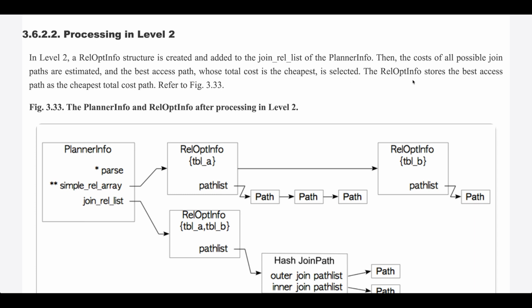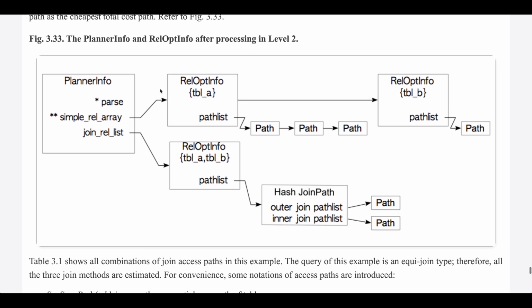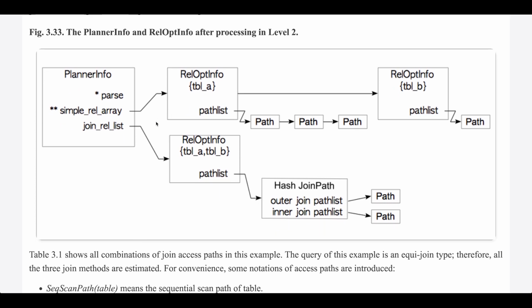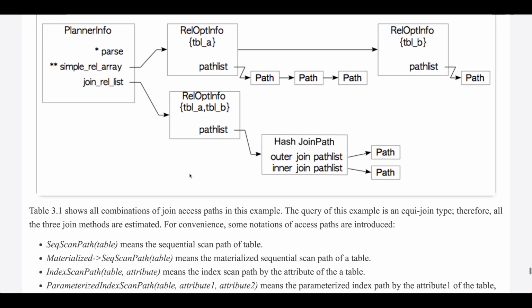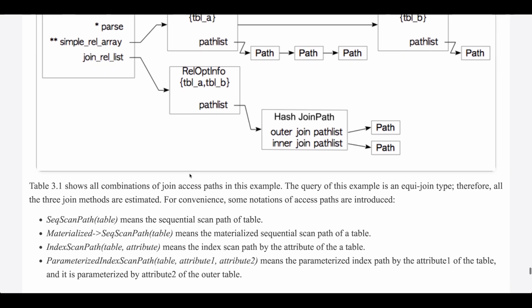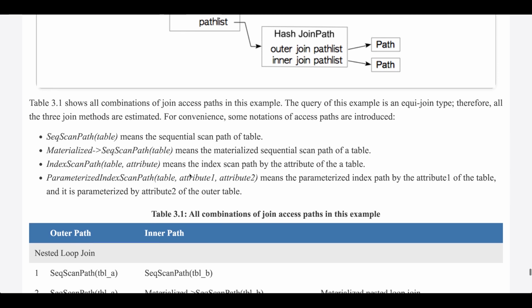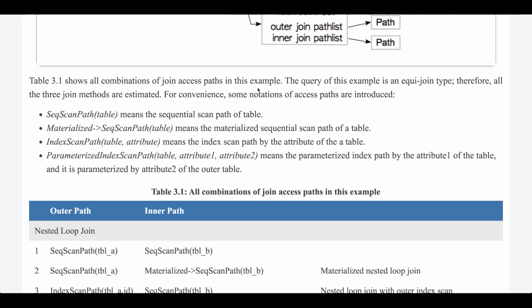The RelOptInfo stores the best access path as the cheapest total cost path. Table 3.1 shows all combinations of join access paths in this example. The query of this example is an equi-join type. Therefore, all the three join methods are estimated.